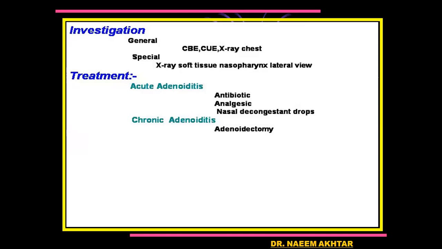General investigations are complete blood examination, complete urine examination, and X-ray chest. Treatment in acute adenoiditis: antibiotics, analgesics, and nasal decongestant drops may be prescribed. In chronic adenoiditis, the treatment is adenoidectomy.